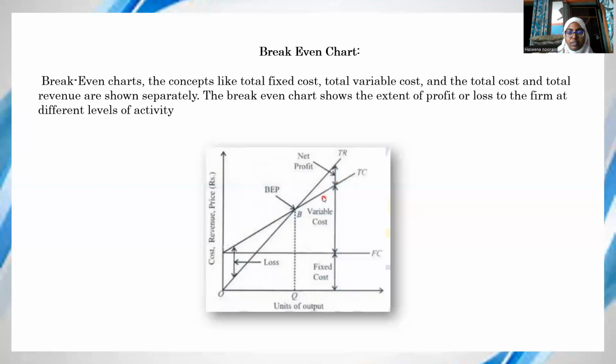As you can see, the variable cost and fixed cost are shown in the marginal line. The break-even point is where the lines intersect, when there is no profit and no loss for the company. The net profit is derived after the break-even point. This is the TR, TC, fixed cost and units of production.